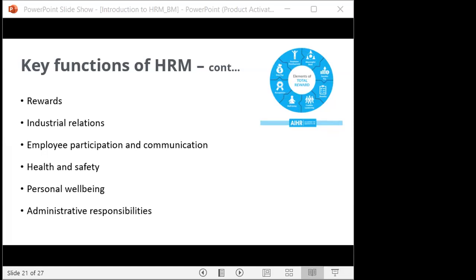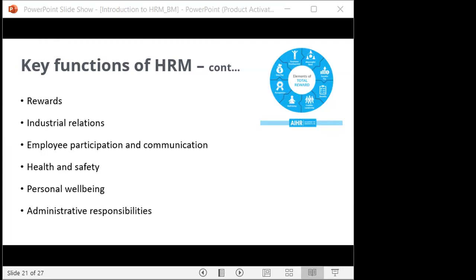Does it give any relief to the employee? So personal well-being is again an important function. And lastly, we have administrative responsibilities.